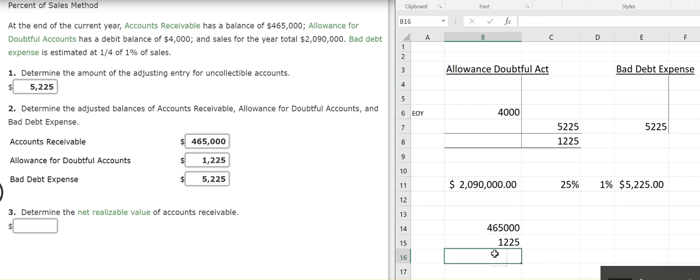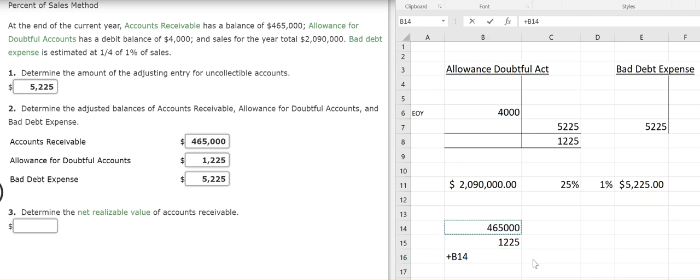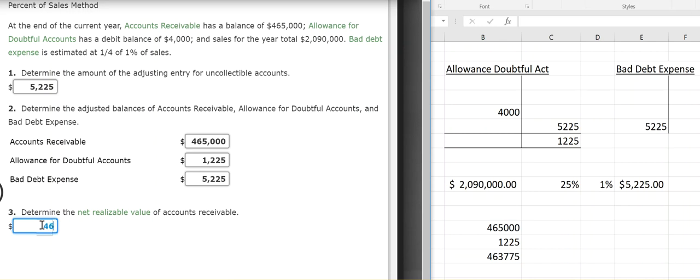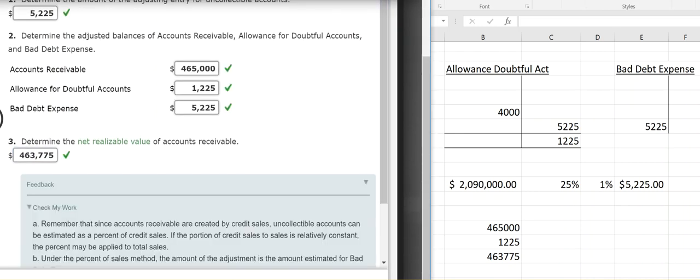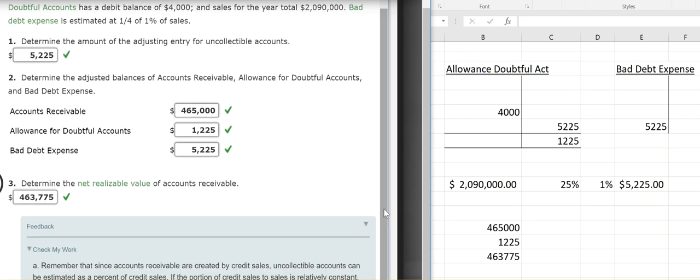That will give me my net realizable value, and that will be 463,775. Okay, so let's see. Perfect. So I did a good job.